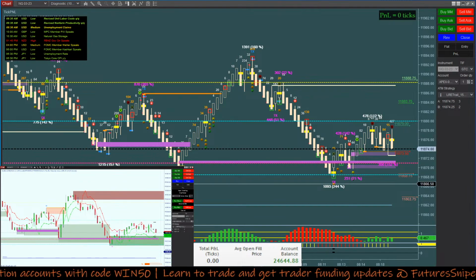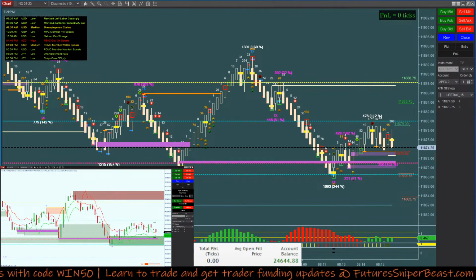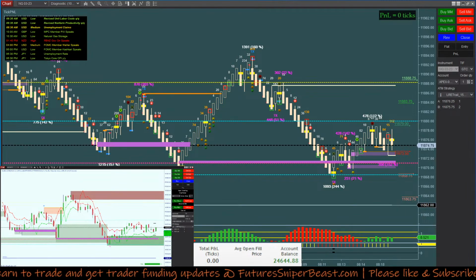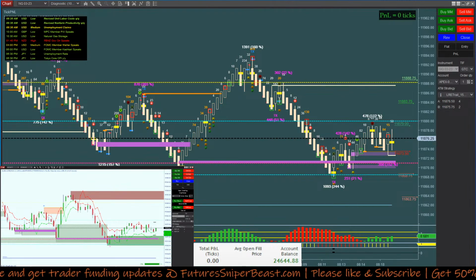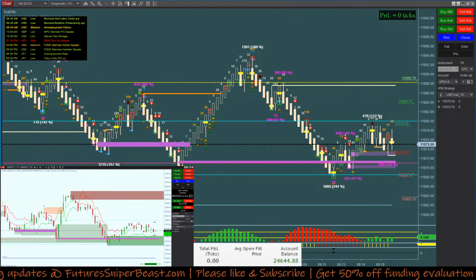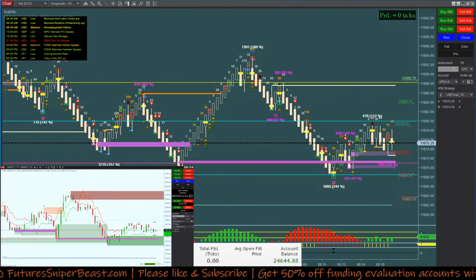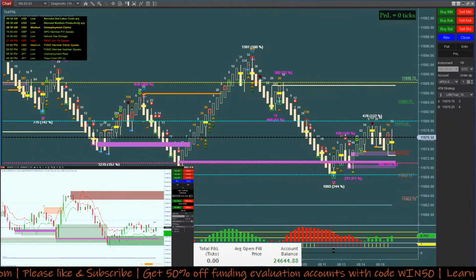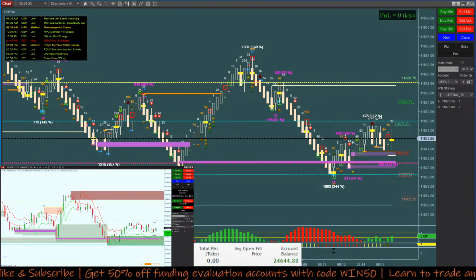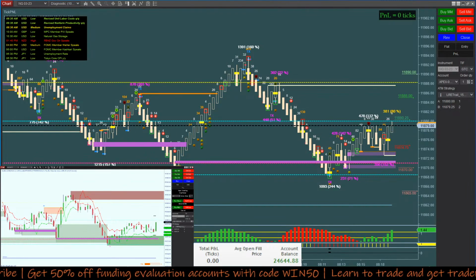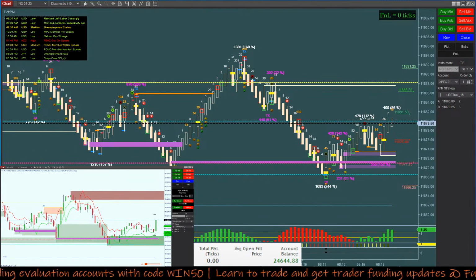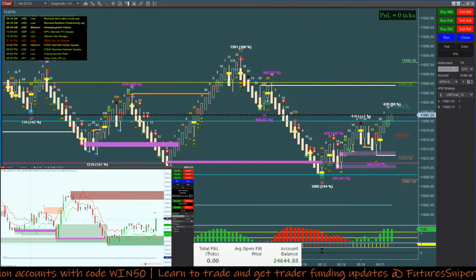Let me scroll back on the 30 and see if there's anything worth noting. Yeah, all the strong levels on the 30 tick that I'm seeing are really above 12,000.